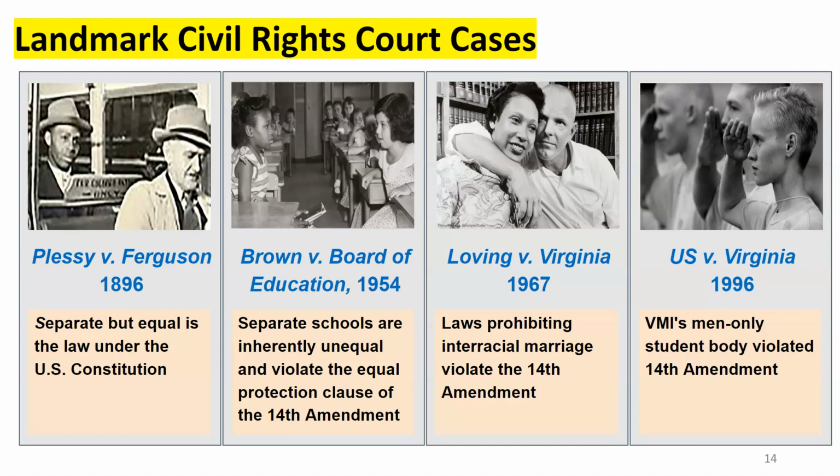The Supreme Court declared that under the equal protection clause of the 14th Amendment, the law in Virginia banning interracial marriage was unconstitutional. We see Virginia again in U.S. v. Virginia in 1996, not that long ago, with the idea of the Virginia Military Institute only accepting men.